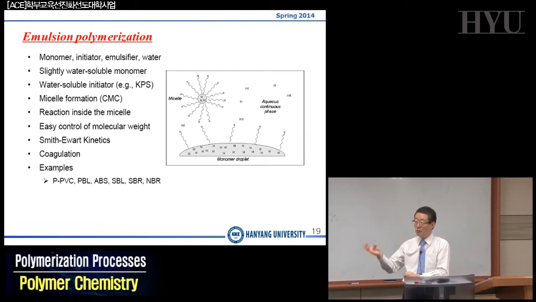Then you have to follow those solution polymerization reactions in the case of condensation polymerization. But in the case of chain-growth polymerization reactions, you need to choose at least one of those four polymerization processes. Mostly the emulsion or solution are perhaps your options in the laboratory for polymer synthesis.